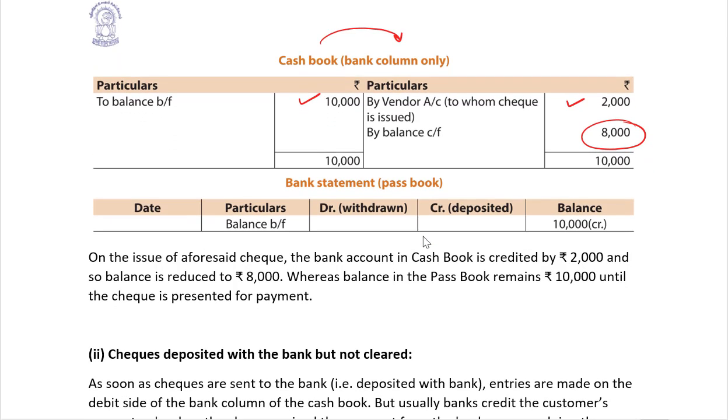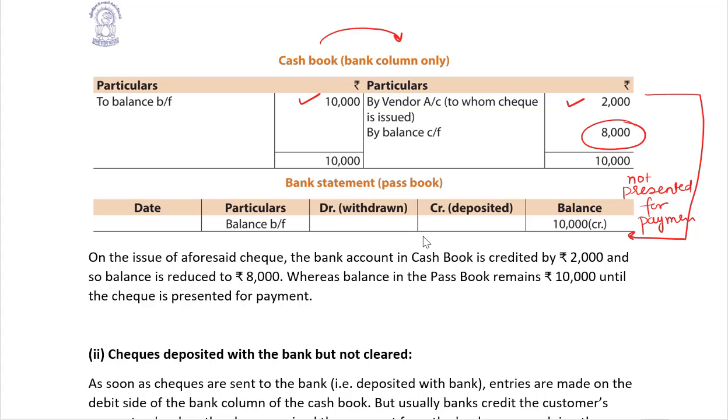Let us see the passbook, that is the bank statement. This is a format of bank statement. See, this 2,000 rupees, the customer hasn't gone to the bank, not presented for payment.